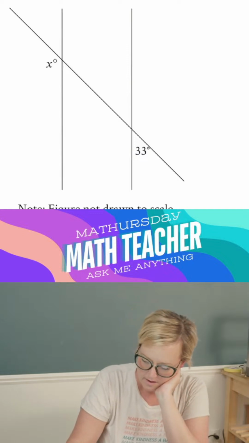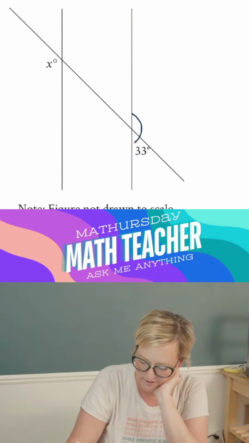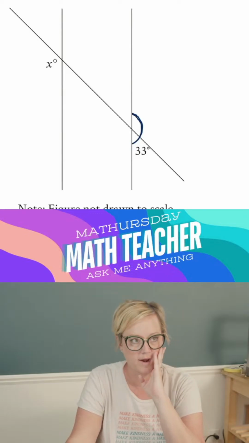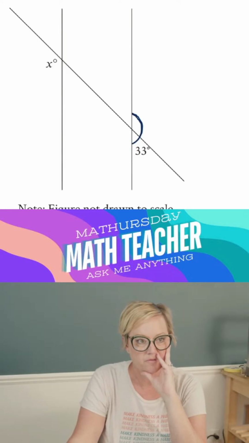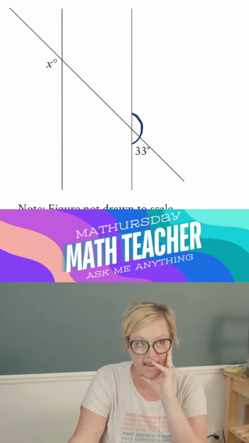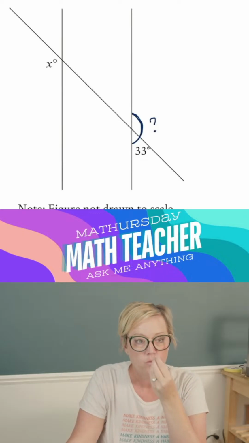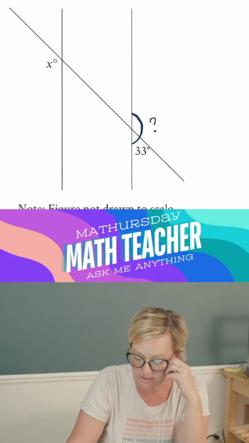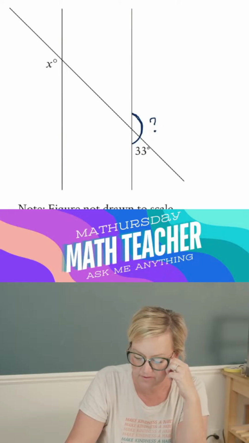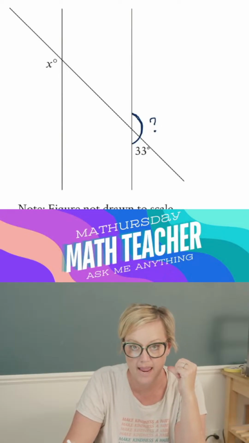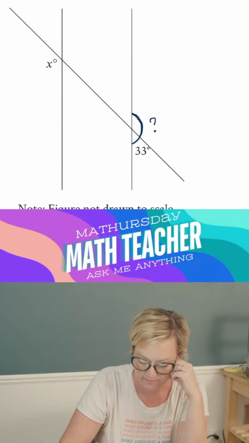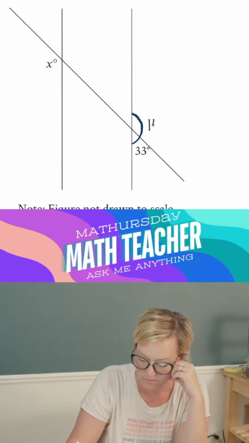Okay. These two angles here are going to add up to equal 180. So this unknown angle would be 180 minus 33, right? Because if a straight line adds up to 180, then these are going to add up to 180 right here. So then that becomes 147.